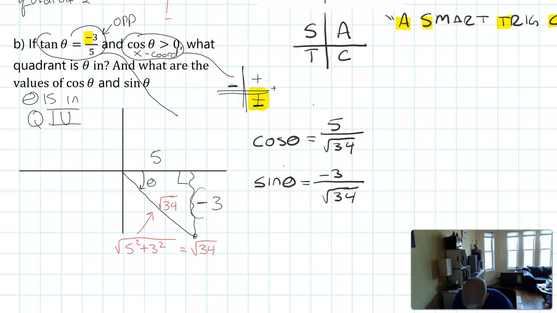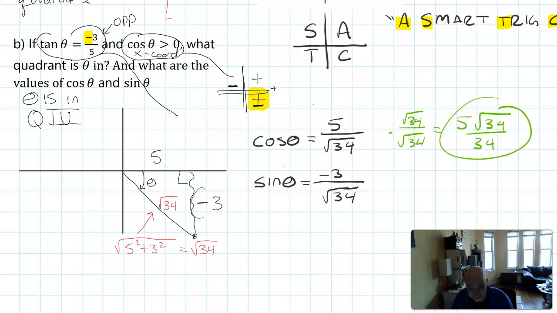Because if you rationalize it by multiplying by root 34 over root 34, you get 5 root 34 over 34. That's not particularly simpler. I think I'd actually prefer the other value. You can rationalize it if you want. If you're checking your answers in the back of the book, it probably rationalizes it.